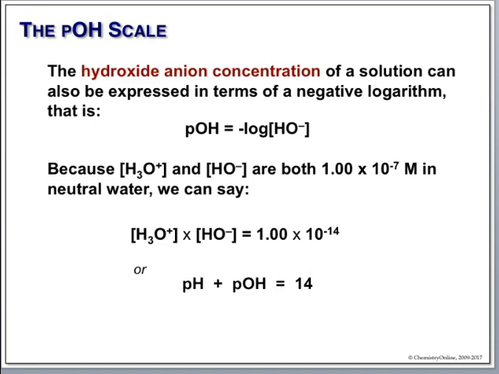This is one of the things you can count on in life. For any solution, the pOH and the pH added together will always be 14. Now this is a little less apparent, but because each of these guys is 10 to the minus 7, the product, hydronium times hydroxide, is always 10 to the minus 14.